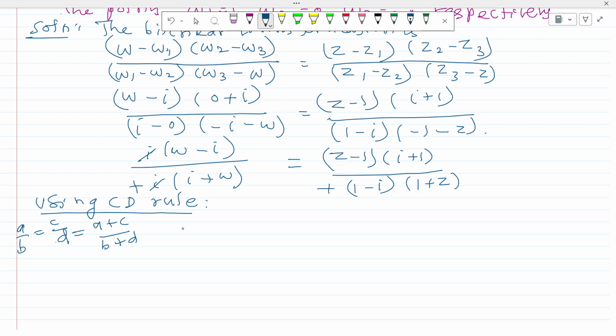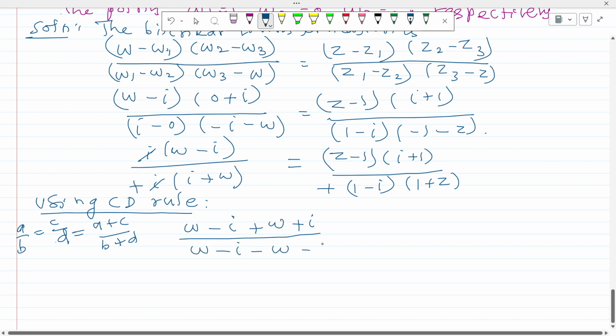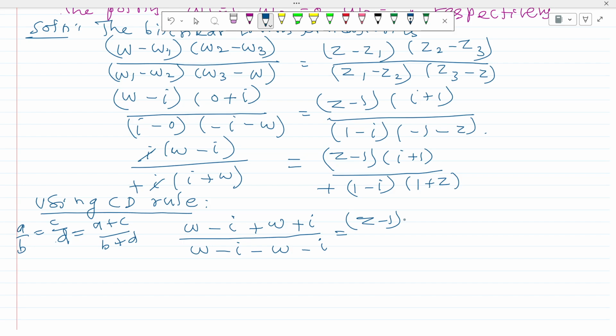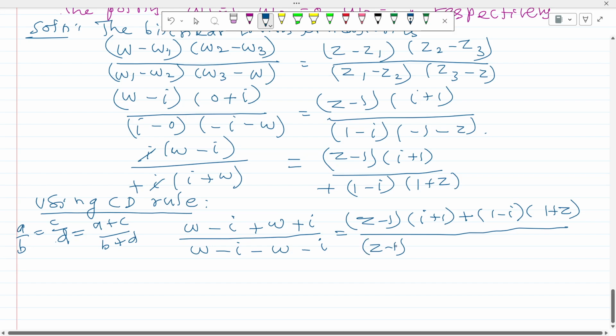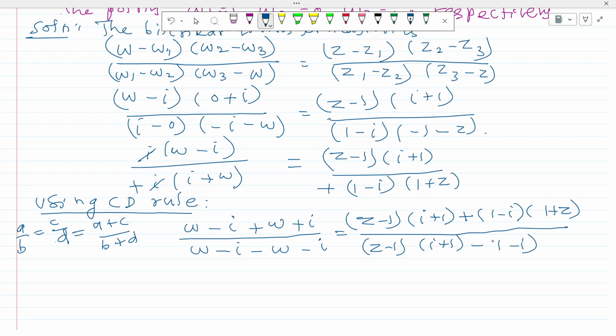So (W minus I plus W plus I) divided by (W minus I minus W minus I), which is equal to (Z minus 1)(I plus 1) plus (1 minus I)(1 plus Z) divided by (Z minus 1)(I plus 1) minus (1 minus I)(1 plus Z). Then what you get?